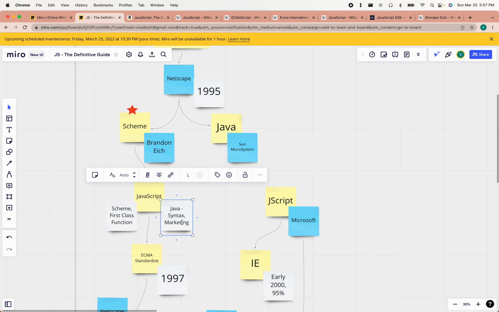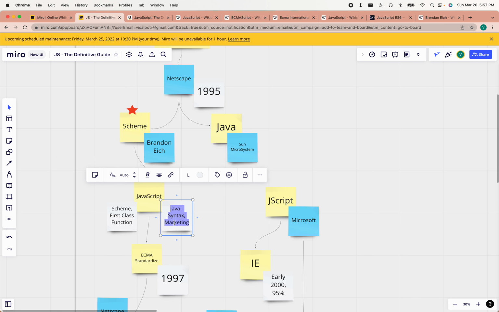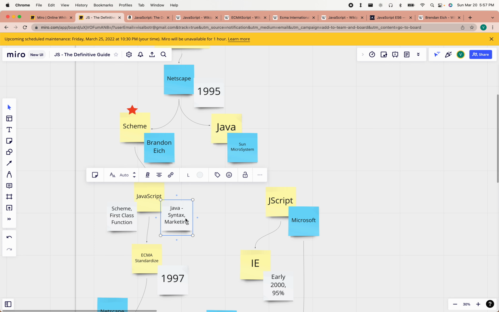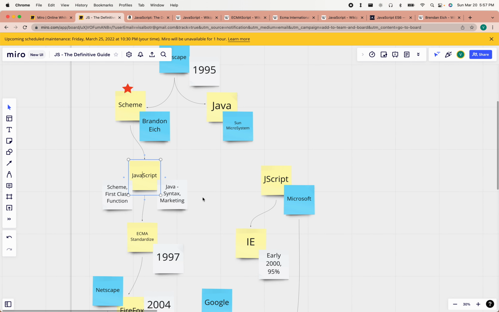Other than that, I think there aren't any similarities between this language and Java. And the reason they call it JavaScript, according to Wikipedia, is as a marketing tool, because Java was very popular and well known at that time. That's why they used the word Java in the language.